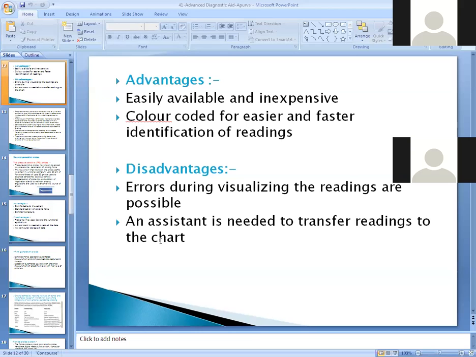So one assistant is needed. Then while inserting the probe, it is very difficult to insert at the same angulation. For that purpose, you need a stent on which a groove is created, and the stent is inserted on the tooth.